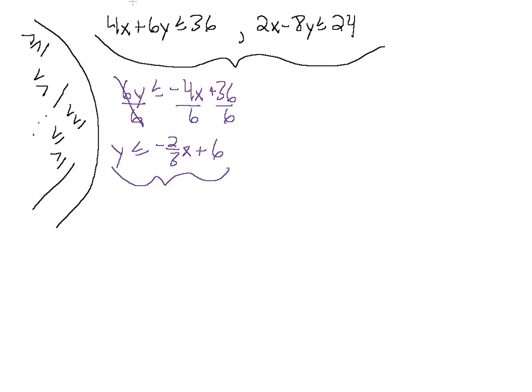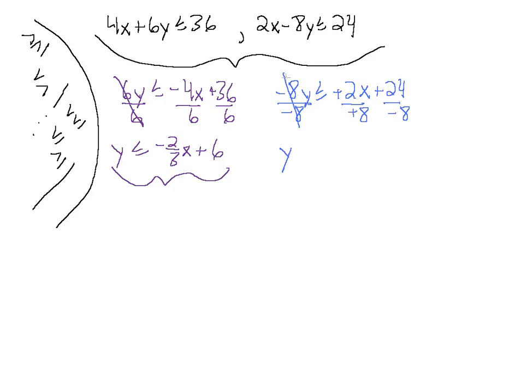Let's go ahead and do the other one as well. We can subtract 2x from both sides. So we have minus 8y is less than or equal to minus 2x plus 24. Now we can divide everything on both sides by minus 8. These two terms will cancel. These two negatives will cancel. So we have y on the left side.